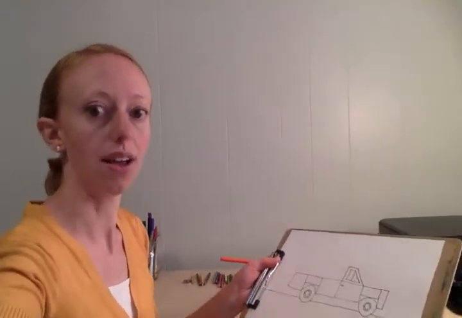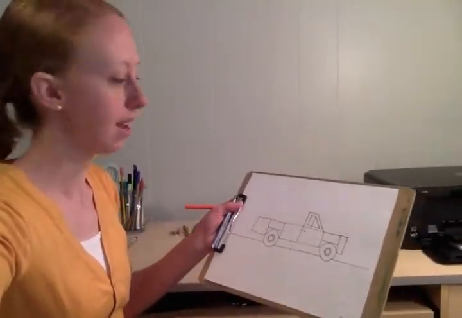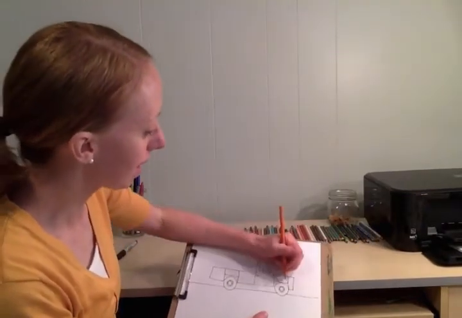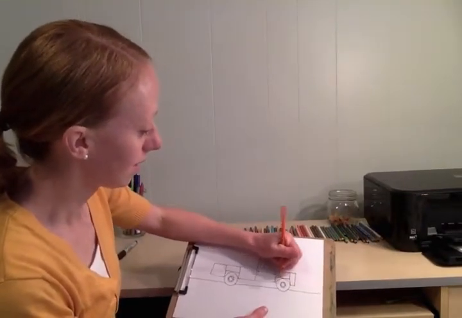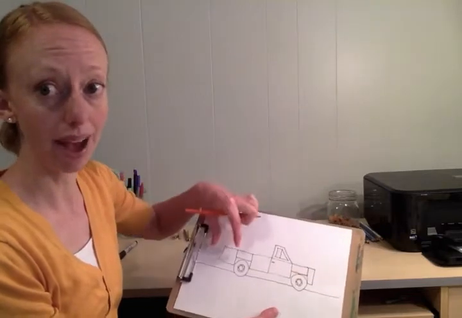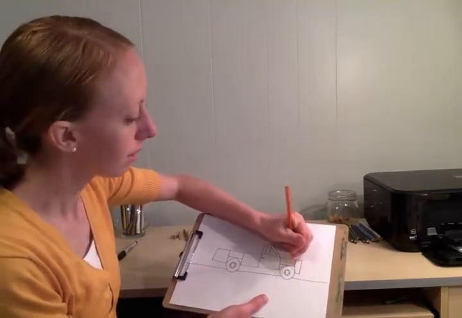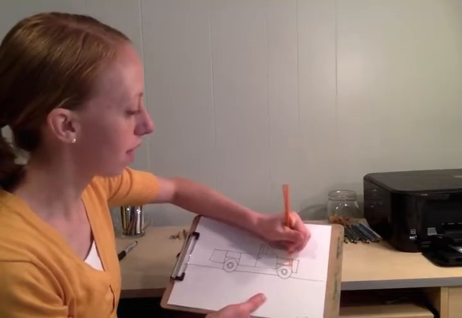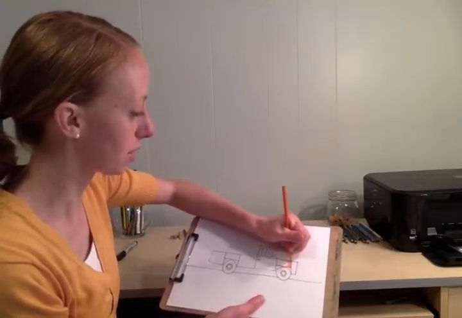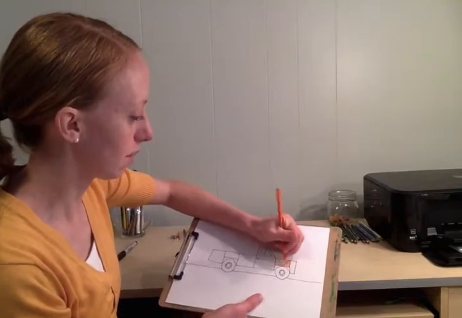So I am going to use all different colors today for my truck, and I might even add some other things in the background that have our shapes in them. You can be thinking of other things you can add to your picture that have these shapes.